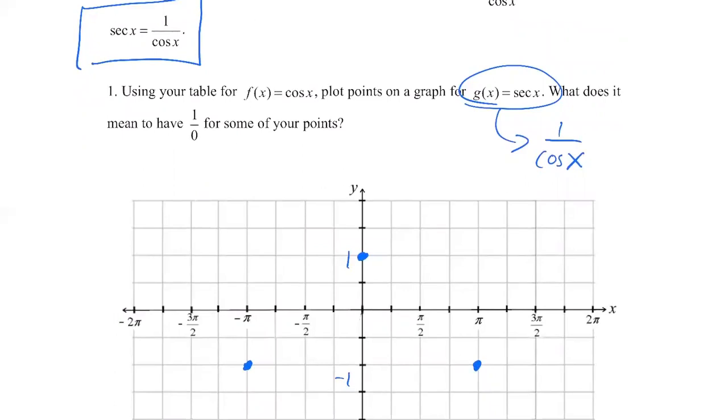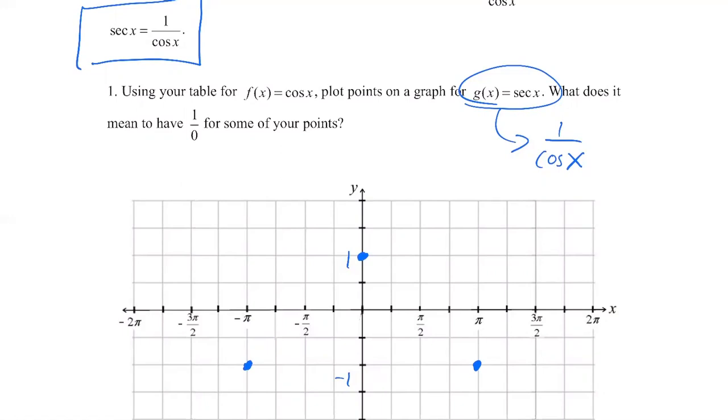So at negative pi over 4, we'll have 2 over root 2. And that gives us root 2, 1.4. Oh, that's interesting. That's bigger than 1. Well, that's kind of significant. Yeah, 1.4.